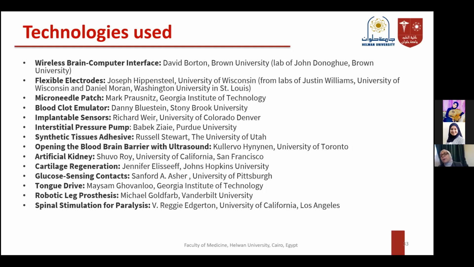The interstitial pressure pump helps in presenting the drug to, for example, a tumor. You know, when you give a patient a drug, a chemotherapy for cancer, for example, if the pressure inside the tumor is higher than the pressure outside its interstitium, the tumor will not receive the chemotherapeutic that will kill it.